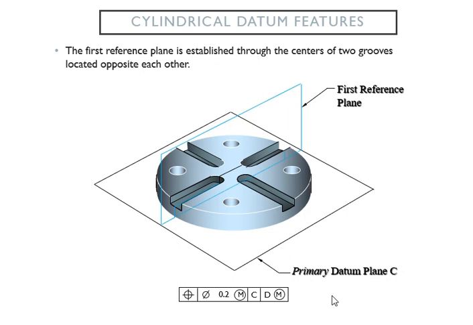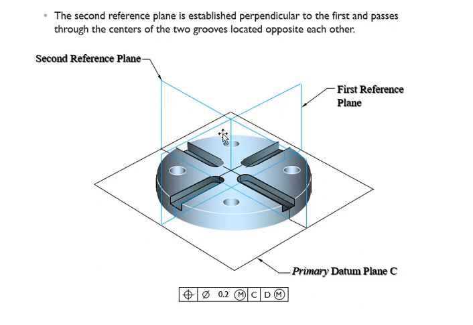So we've got our primary datum plane C, and we've got our first reference plane. Then the second one is going to cross the center of the two other groups opposite to each other, 180 degrees away from each other. So we have established the two reference planes and one primary datum plane.